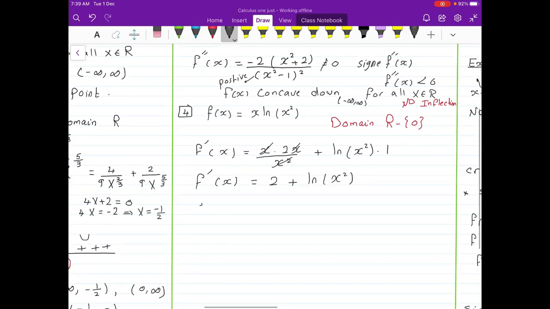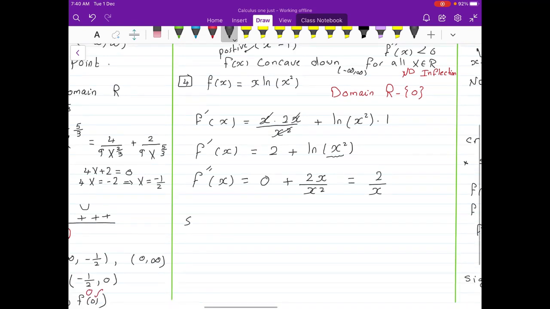Now we need to find f double prime of x. It is the derivative of 2, which is 0, plus the derivative of ln x squared: the derivative of the inside, x squared, is 2x, over x squared. So we get 2 over x.